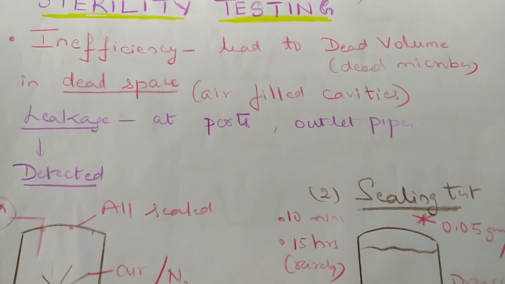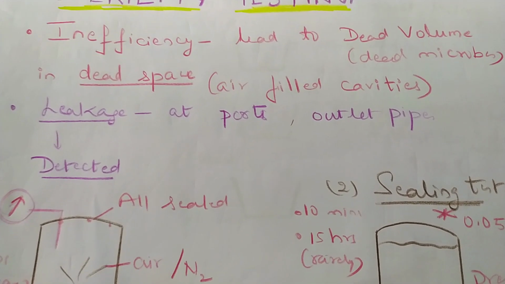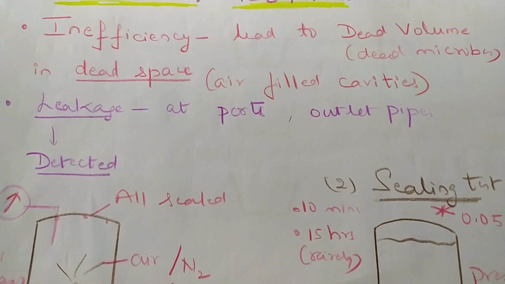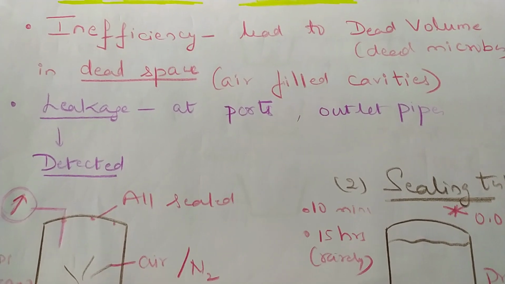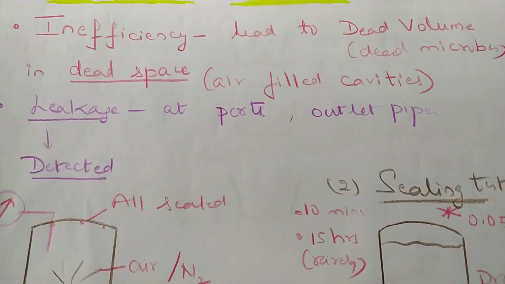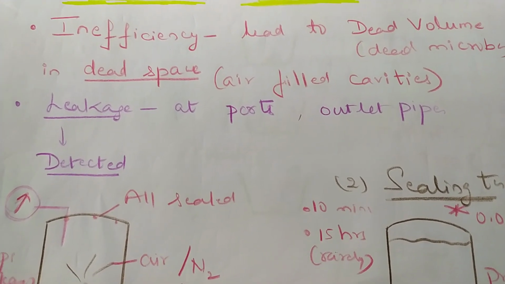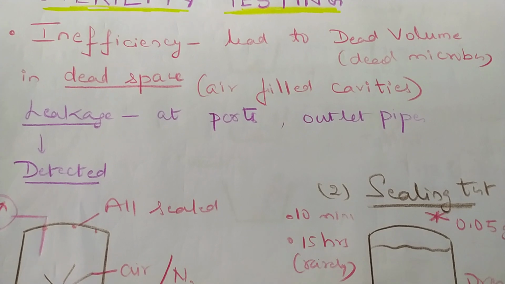What does dead volume mean? The dead microbes, and the space they occupy is called the dead space. Air-filled cavities are called the dead space. This is a terminology used in the industry, indicating that there's an inefficiency in the sterilization.